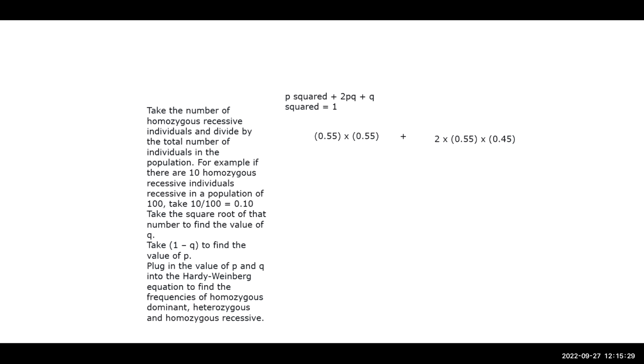All right, so here's where your calculators come in. Everybody in your calculators, what is 0.55 multiplied by 0.55, rounding your answer out to 2 decimal places? 0.30. 0.30, and that's representing which genotype? P squared represents the homozygous dominant. Excellent, homozygous dominant.